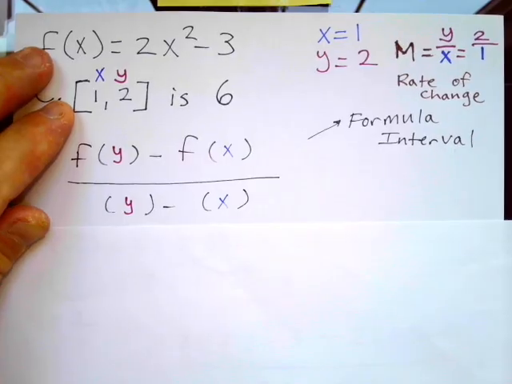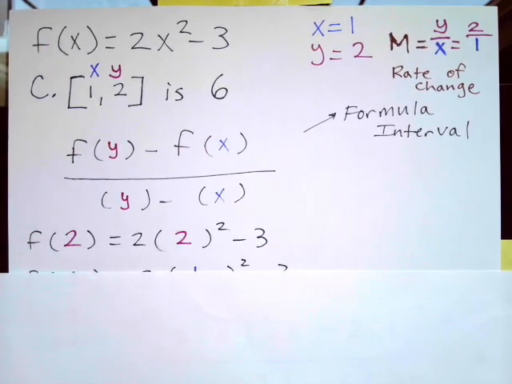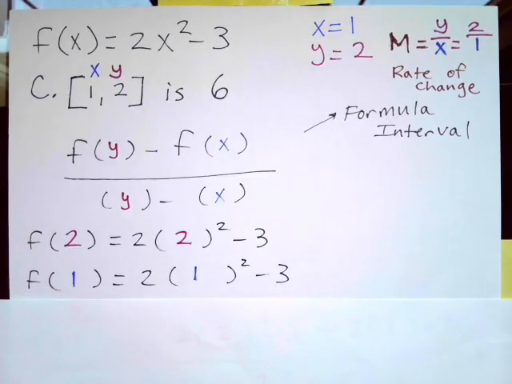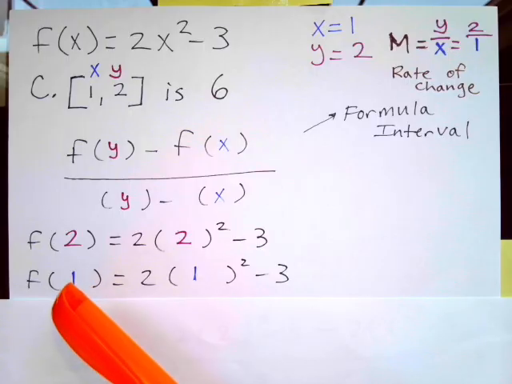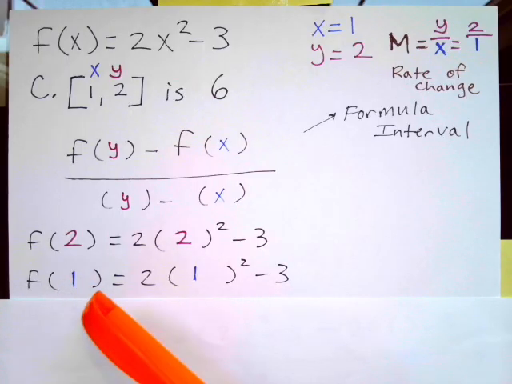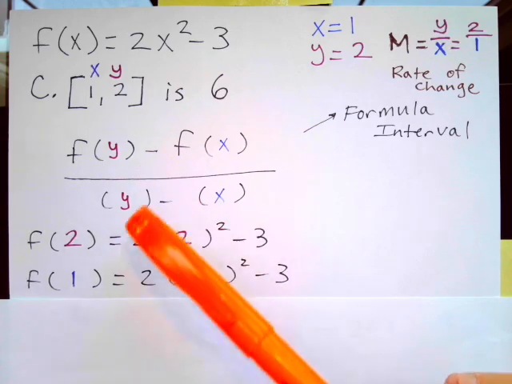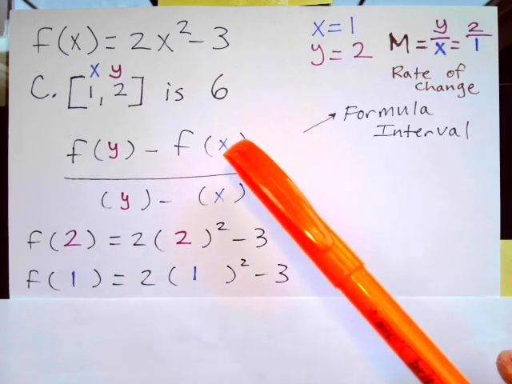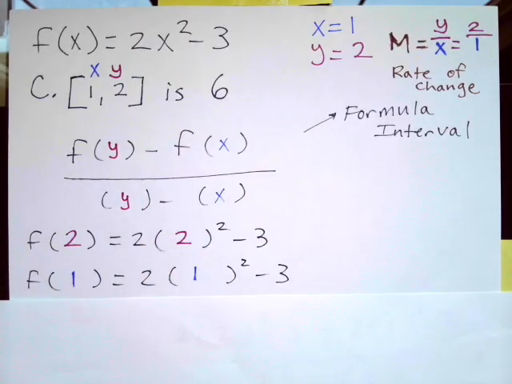All right, moving forward. Let's go ahead and check this out as I substituted those values to find my f of y value and my f of x value. I'm going to substitute these into the formula, minus my f of x value here, divided by my y minus x values.